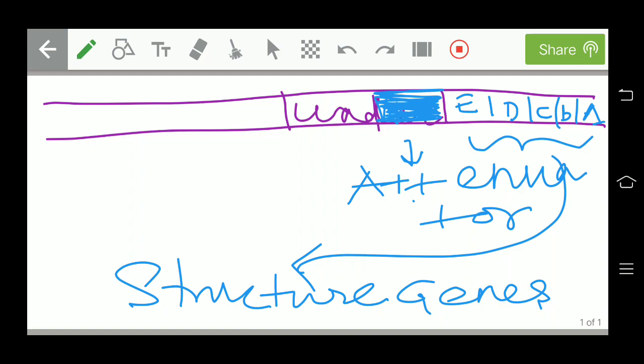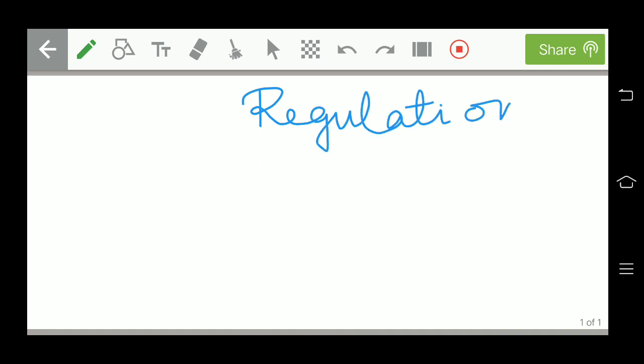So next comes the regulation. Tryptophan basically comprises two important regulations. One is a coarse regulation, another is a fine regulation.